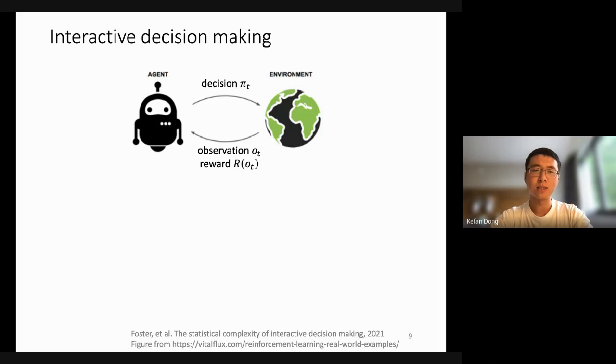Then the environment generates an observation O sub t, and the agent receives a reward R of O sub t. So here we assume that the reward function is known and it is a deterministic function of the observation. This is still quite general because you can put every bit of randomness into the observation. And this whole process is repeated for n times.